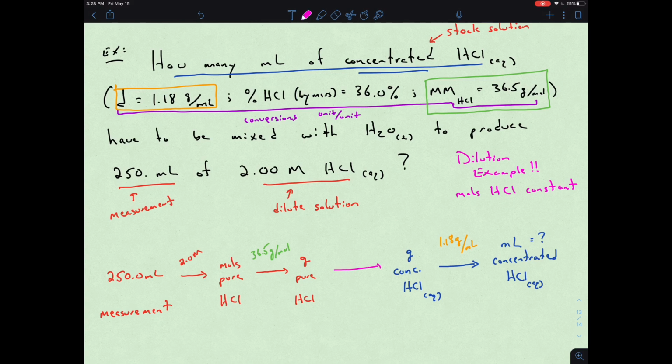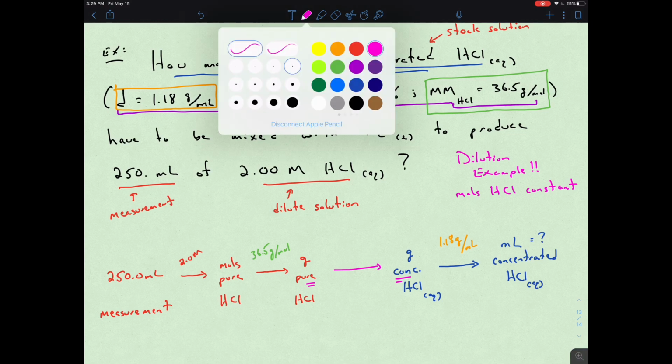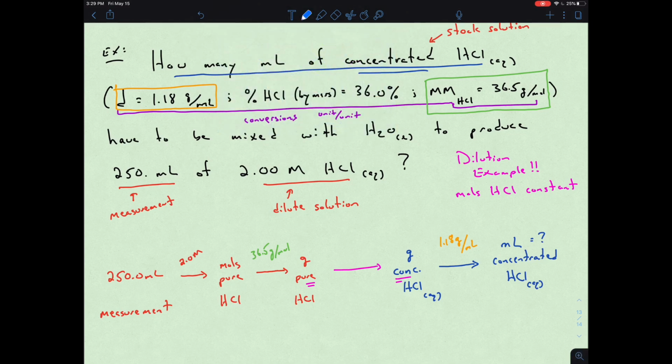Notice that we're going from this idea of pure to this notion of concentrated. And I'm going to be using this percent by mass, the 36% by mass, right? Which will be grams of HCl over grams of concentrated HCl. And now it all fits together. This is definitely a tough conversion problem.